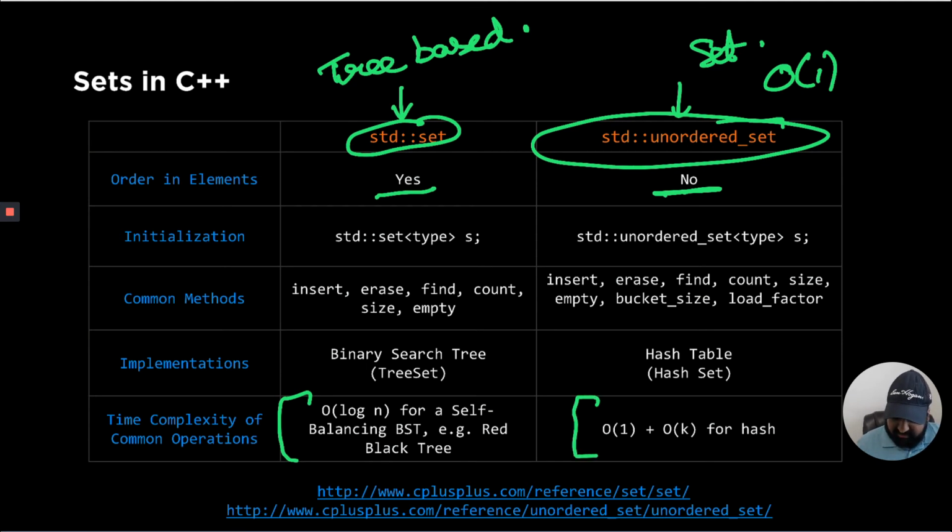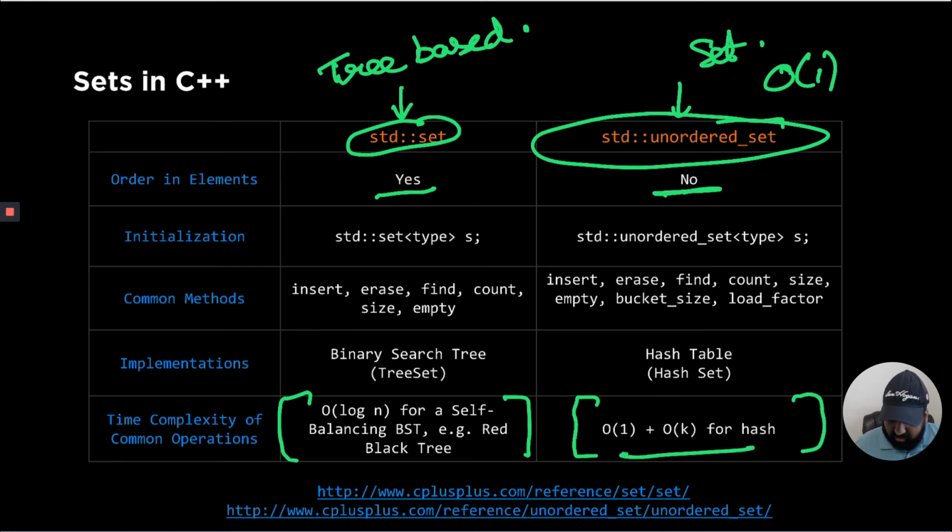Now, the time complexity for various operations in case of a tree-based set is typically O(log n), because when we discussed red-black trees, we discussed that most operations like insertion, deletion, or search have typical complexity of O(log n), which was something around 1.44 log n.